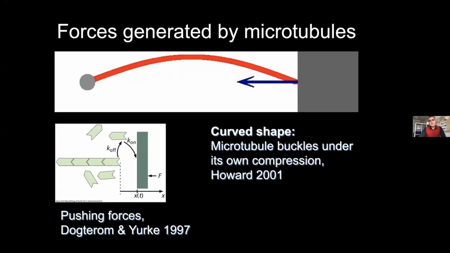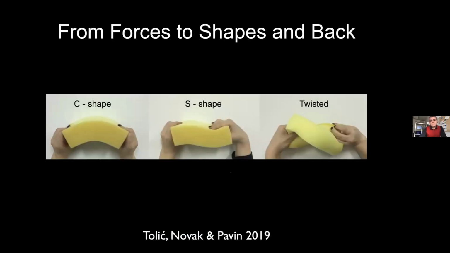To understand how forces can change the shape of an elastic object, I'm first showing something one can do with a sponge. One can play with the sponge, and depending on how someone applies forces to the ends of this sponge, it will change its shape. If we have this type of bending moments, we will have a C shape.